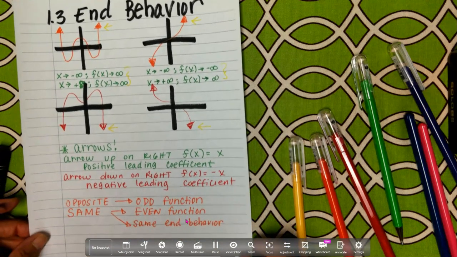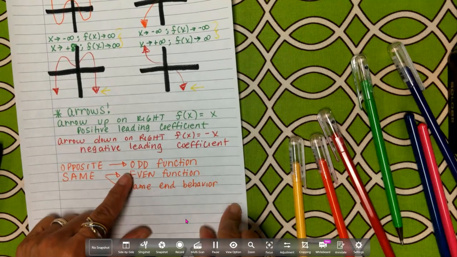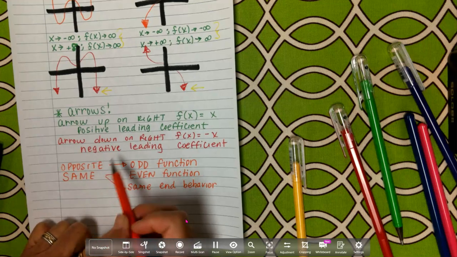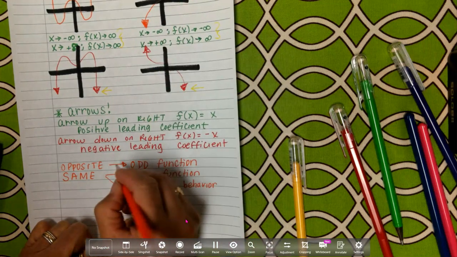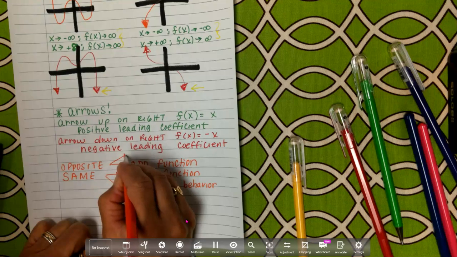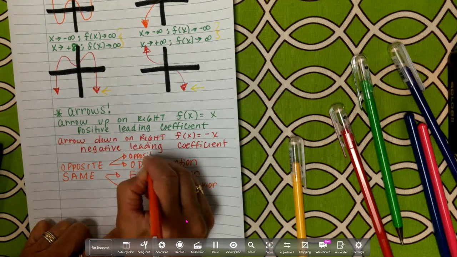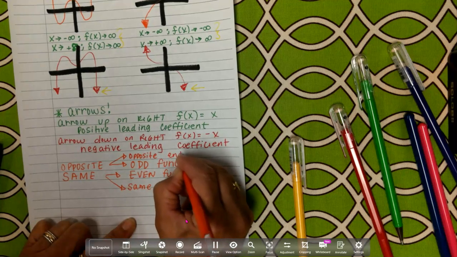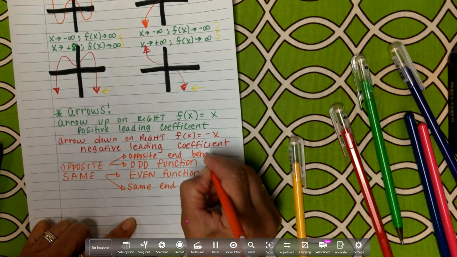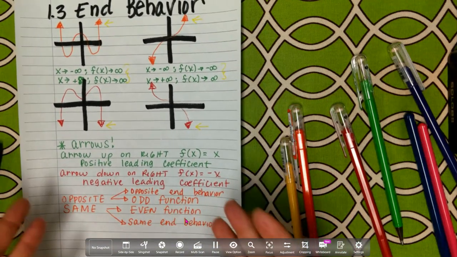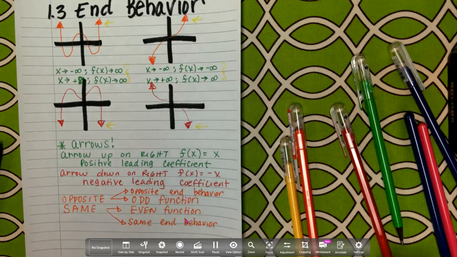So now we get to add more info about this odd function. So opposite arrows are always going to give you opposite end behavior. And that's going to be the same for negative functions right here.